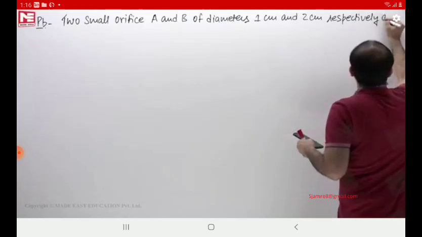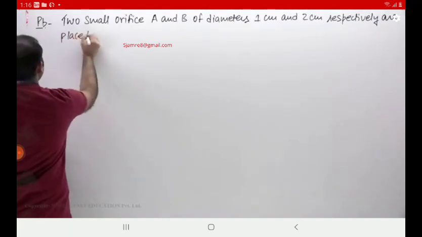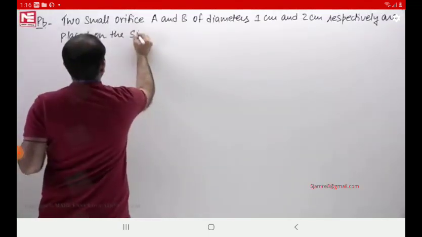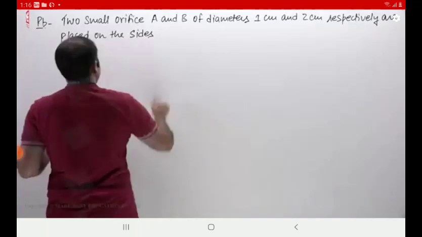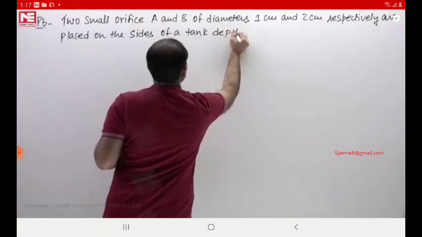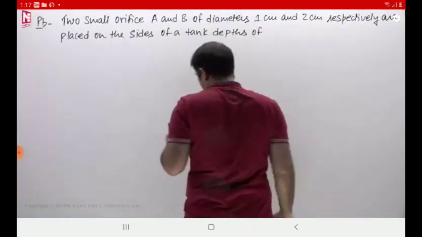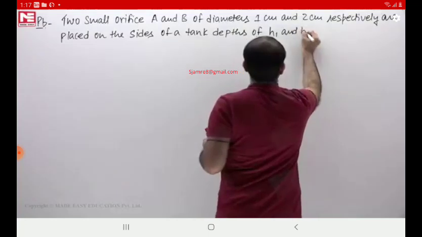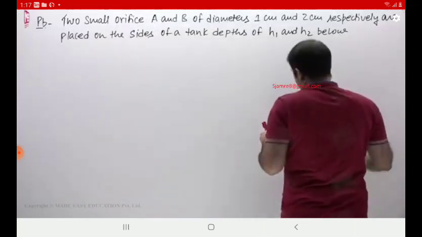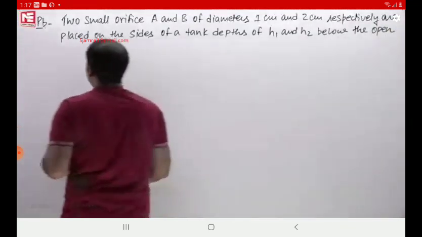are placed on the sides of a tank at depths H1 and H2 below the open liquid surface.